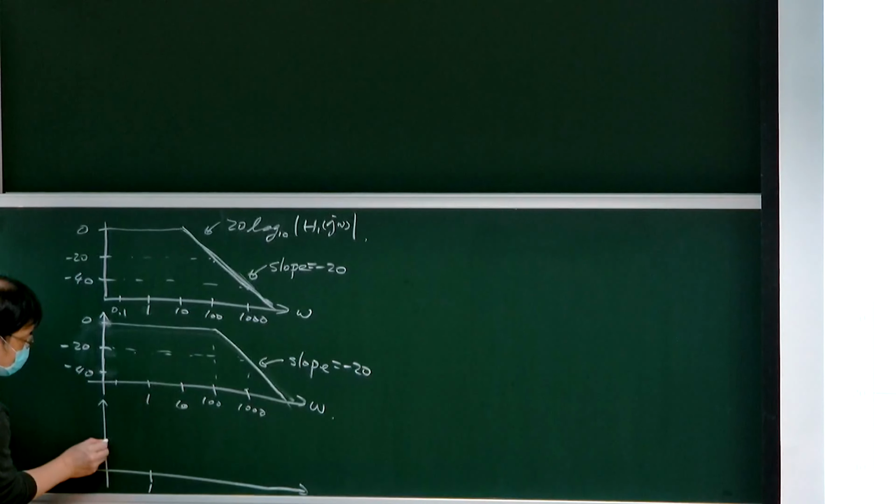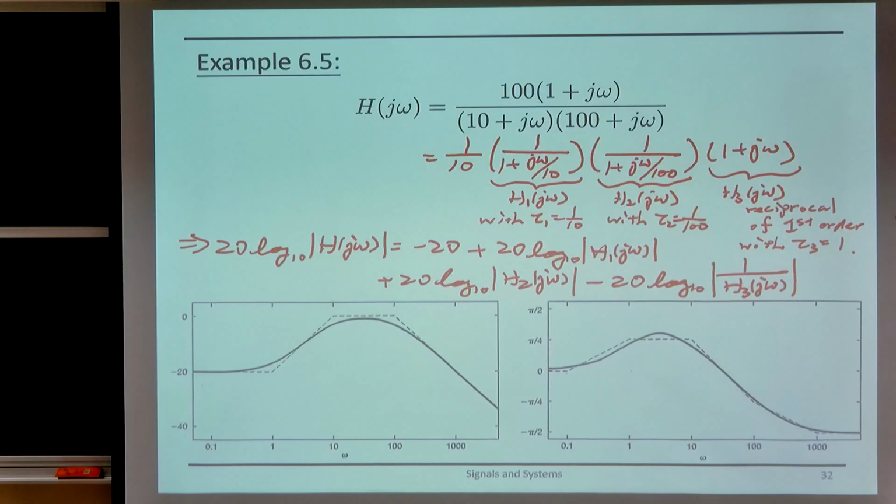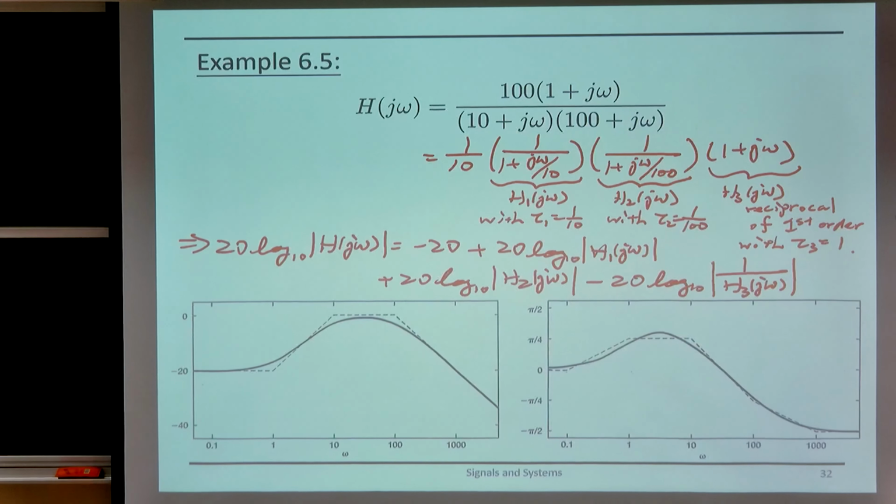But then once you reach 100, you have two slopes going down and one slope going up. Suppose that these two cancel out, you still have a 20 dB slope going down, which means that you will start from 0 and decay to minus 20 dB after 1 decade. So this point is minus 20.